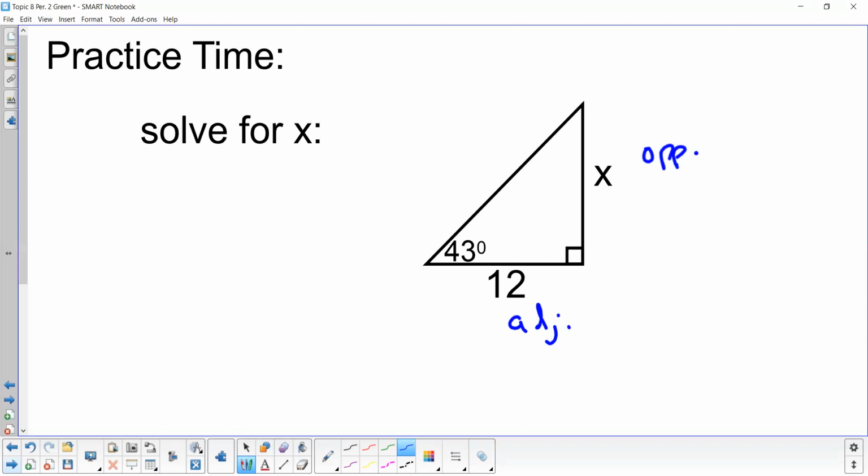So, hey, I've got the opposite and the adjacent. Now I have to figure out which of the three functions we're going to use. Am I going to use sine, cosine, or tangent? Which one uses opposite and adjacent? Tangent does, right? Tangent of theta equals opposite over adjacent.